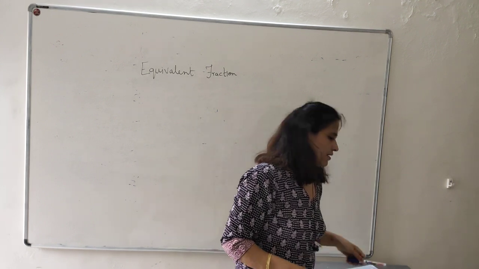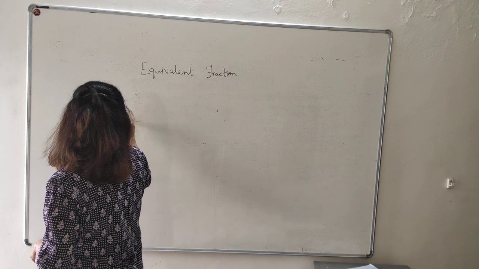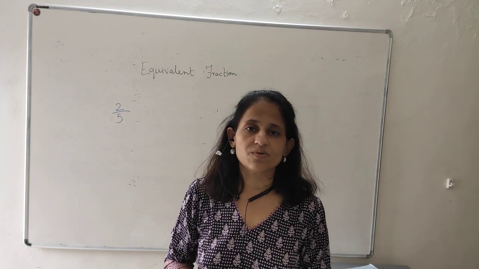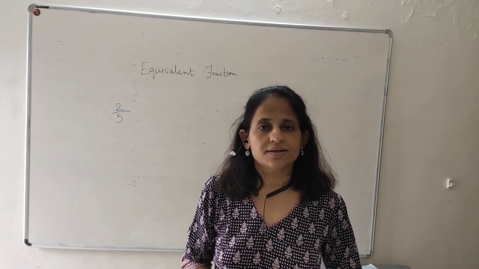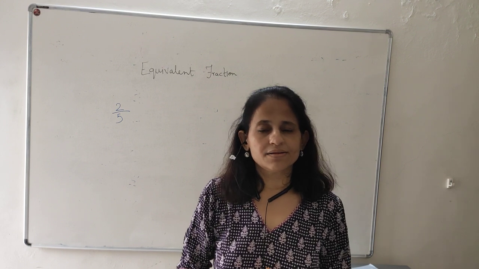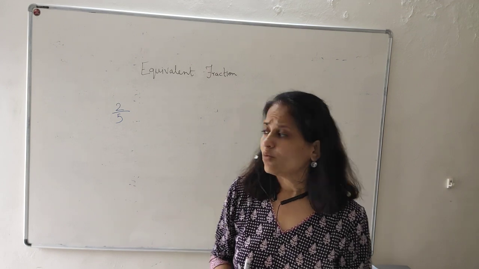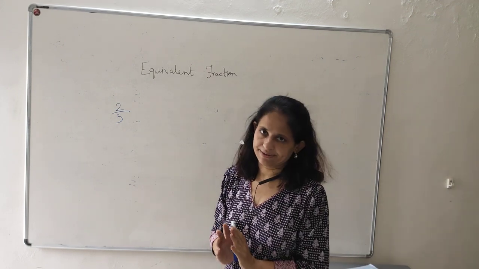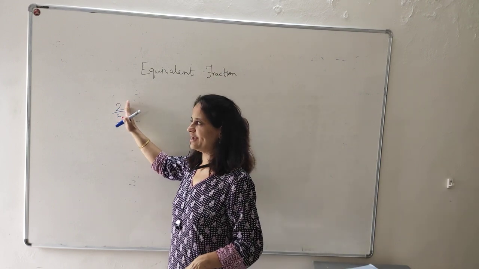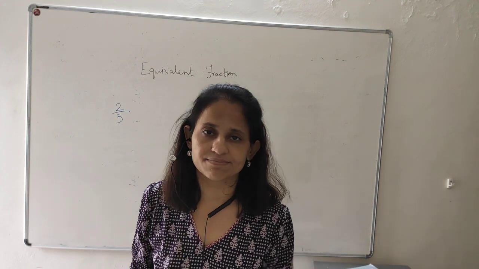For example, I have a fraction, suppose 2 upon 5. I want to find its equivalent fraction. There are two ways to find an equivalent fraction. One by multiplying or two by dividing. Now if we are multiplying, whatever we multiply the numerator with, we have to multiply the denominator also with the same number.